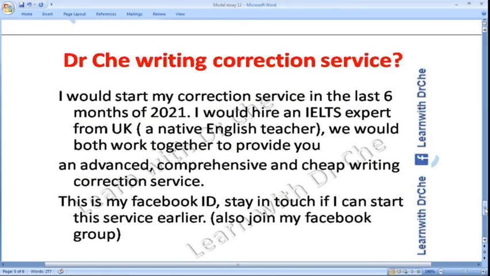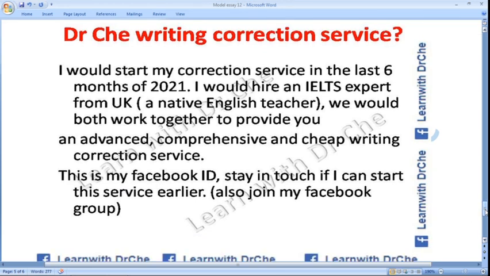After watching my complete essay writing course, you would be able to write very good essays, but I would suggest you take a writing correction service from a true IELTS expert before taking your final exam.